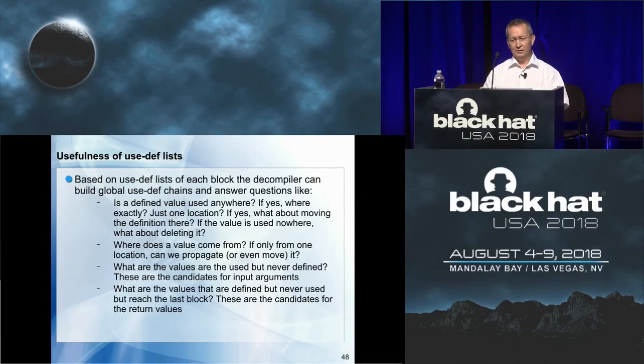These lists are very, very useful because they help us to answer questions like, is the defined value used anywhere? If it's used, where exactly? And so on. Therefore, if you use microcode, you can really answer questions like that, and therefore analyze things.